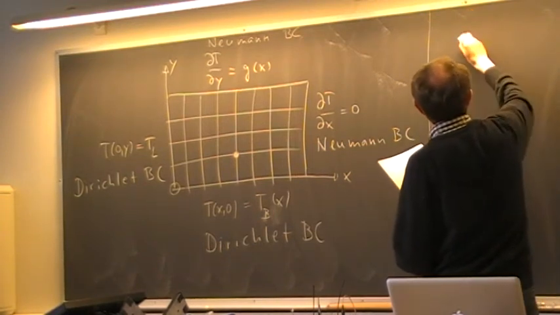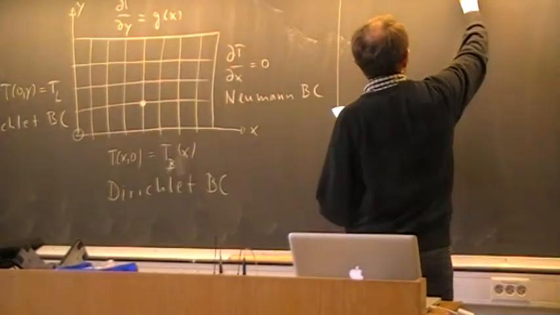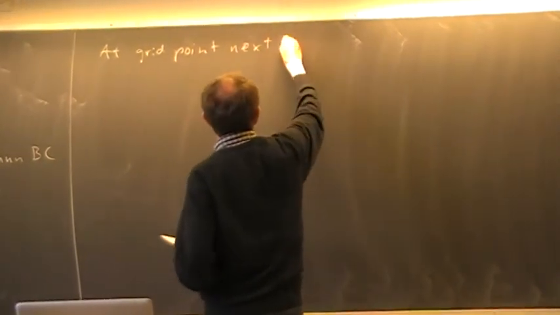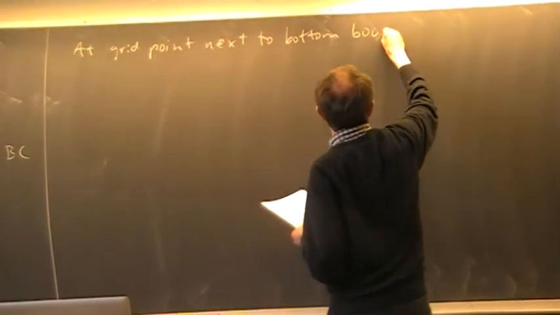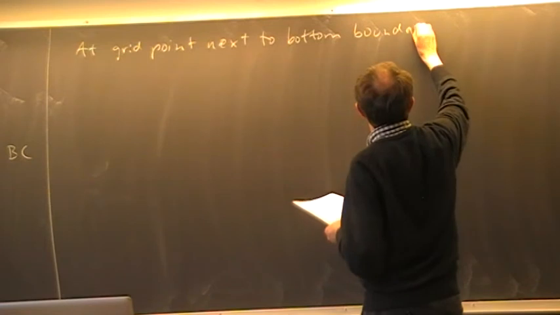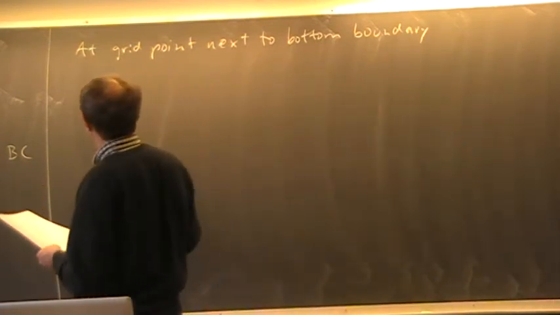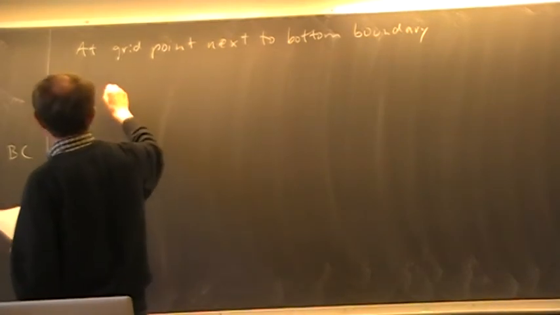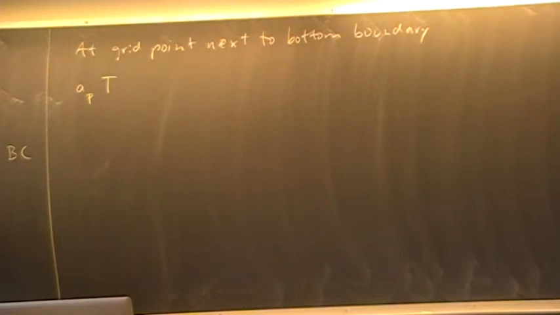So at grid point next to the bottom boundary, then our AP would be, if we introduce this notation, if we say the j index is 1, this index would be 0.